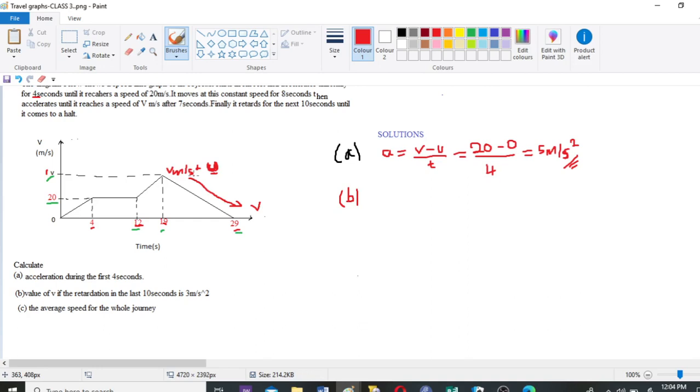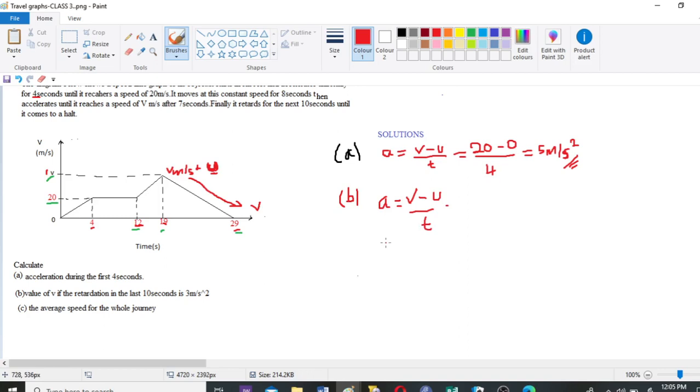The speed continues reducing from v meters per second up to when it stops moving, and that will be our final. So we apply the same formula for acceleration. See how we've analyzed it, and see how we are going to replace the values. We have v minus u over time, isn't it? Let me just write here at the bottom.